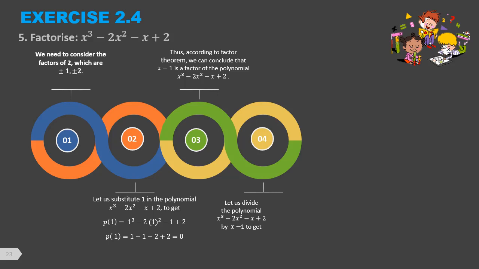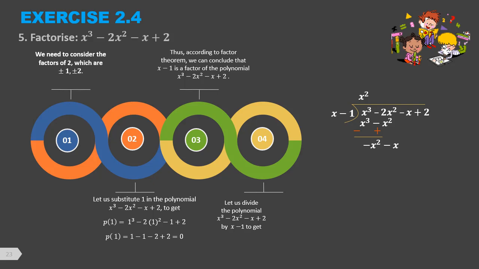The division process is the same as the long division method. First we multiply x square by x, that is x cube minus x square. Change the sign, so they are cancelled, and the next term is minus 2x square plus x square. Then we get minus x square minus x plus 2.